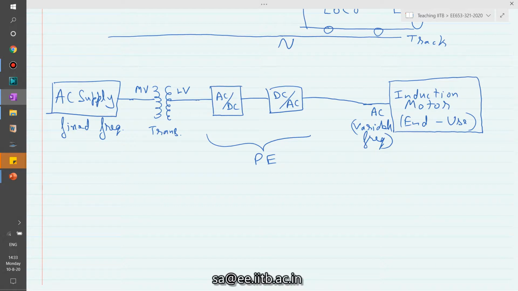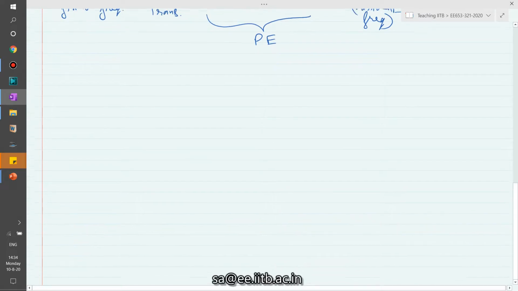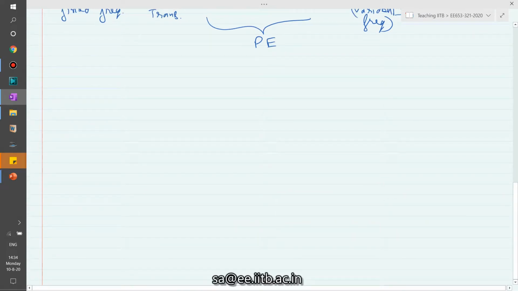Okay, so now we have considered two examples of loads, right? I'll quickly take one more example, which is of a source. Let's take the example of solar photovoltaics.